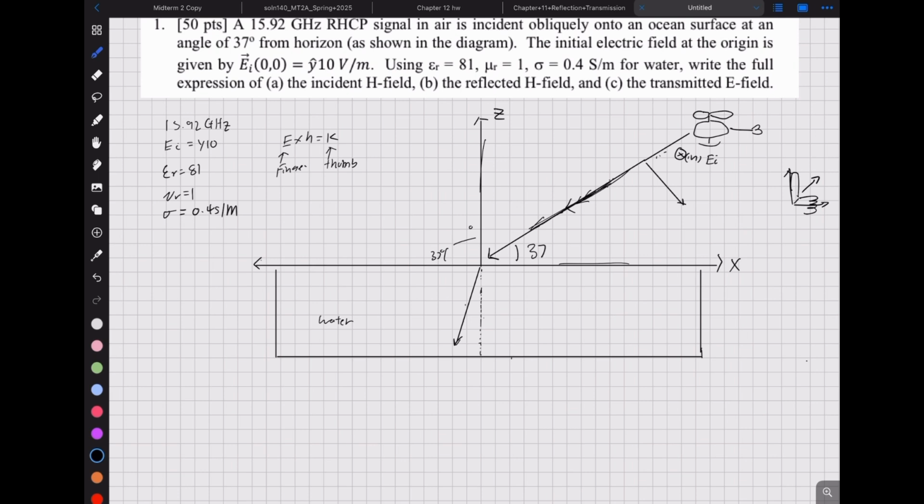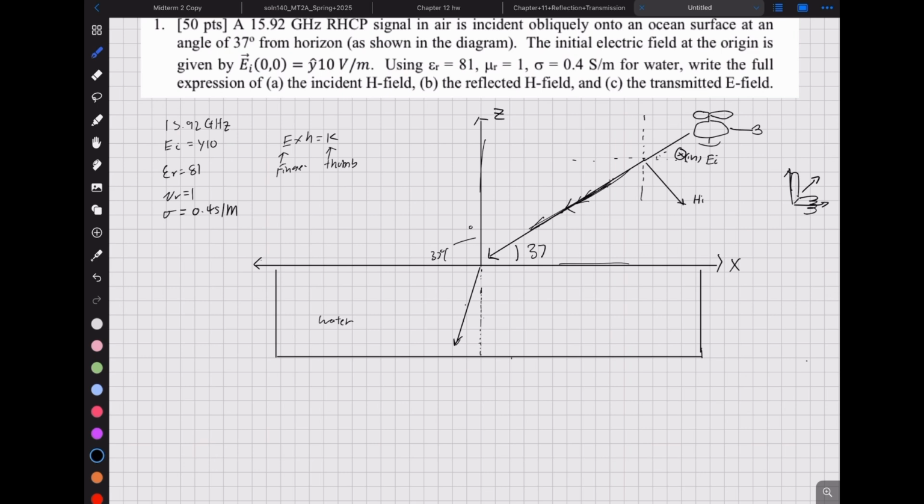So that's perpendicular. And we're going to want to draw little coordinates here, because that's going to be important when we solve for the H of 1 and the H of 2.